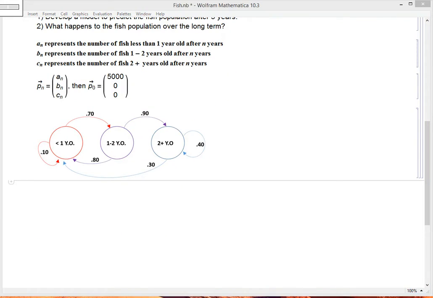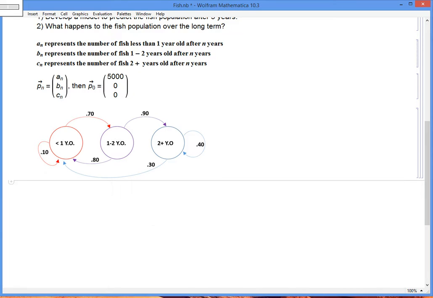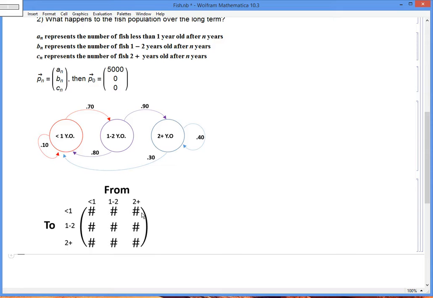The next thing we want to do is develop our transition matrix. It may help you to envision something like this, where we're moving from a state, where the states are these columns, to these other states, which are depicted as rows. I've put labels on them so that we can clearly see. Let's take this first arc right here.